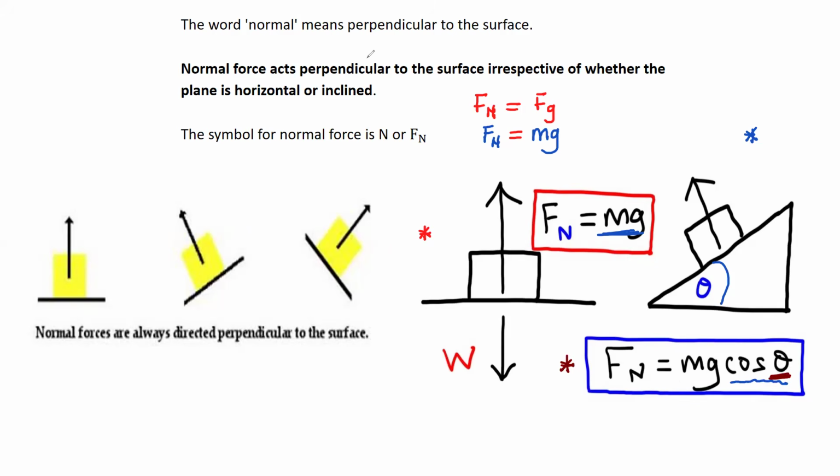I'm hoping people are writing this because it's very important, so that when you're given a question and you're asked for normal force, the first thing to ask is, is this object on a horizontal surface? If so, normal force mg. Is this object on an incline? If so, normal force mg cos theta.